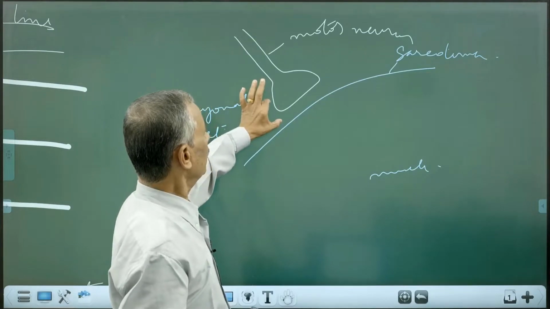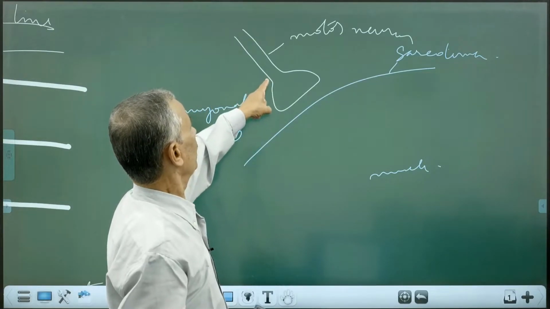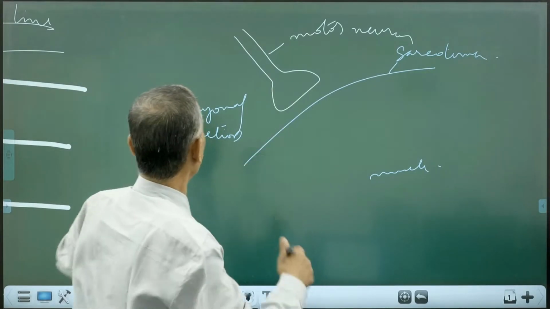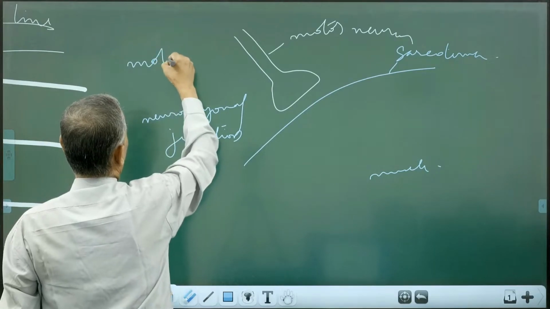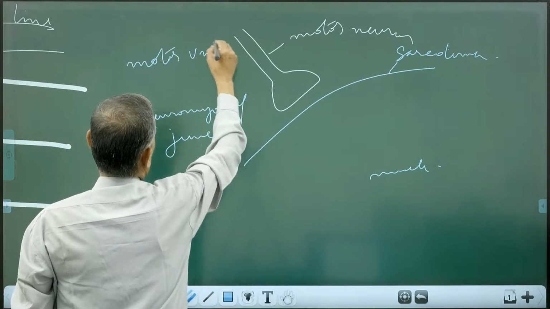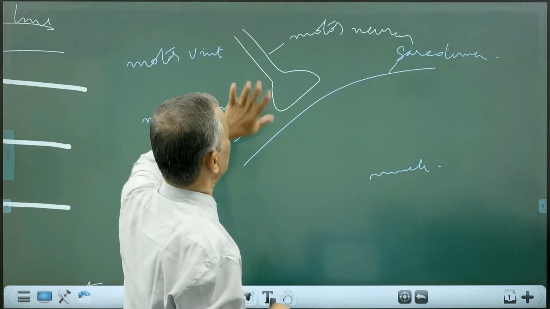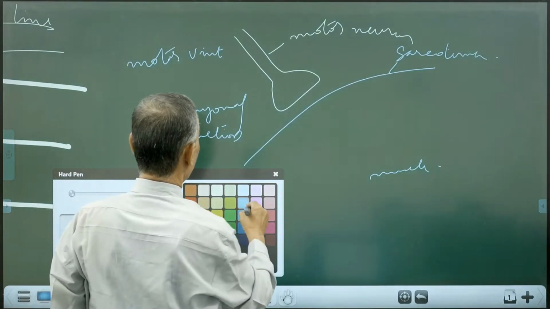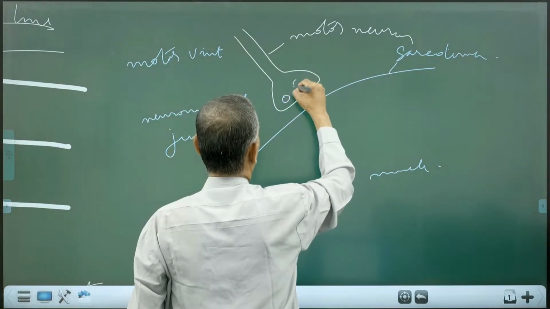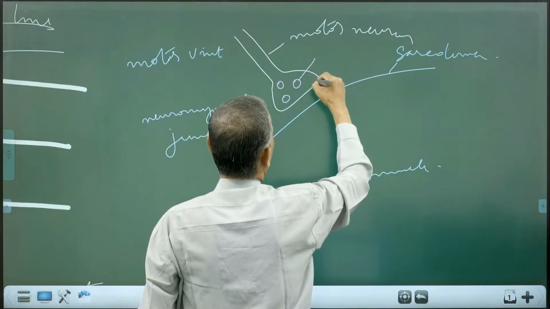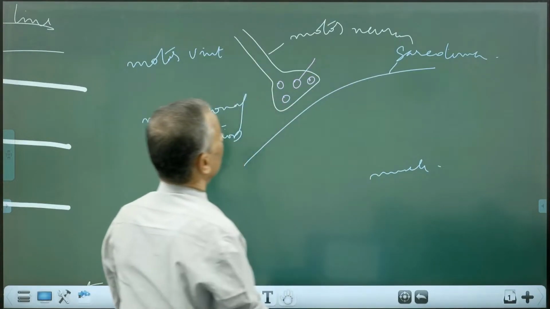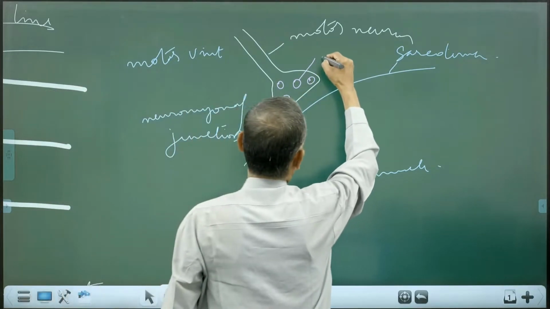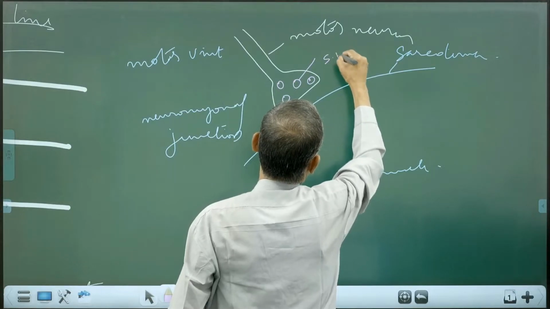So you need two elements, a motor neuron and a muscle. It is called a motor unit. When a signal reaches the end of the motor neuron, some chemicals are released from the vesicles present in the axon terminal. These are called the synaptic vesicles.